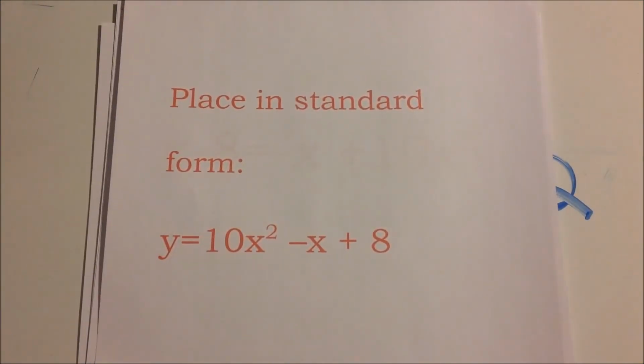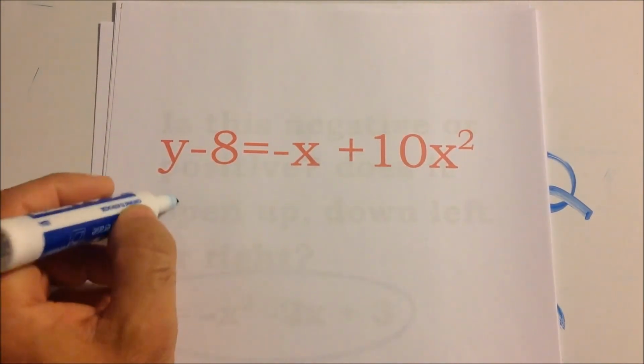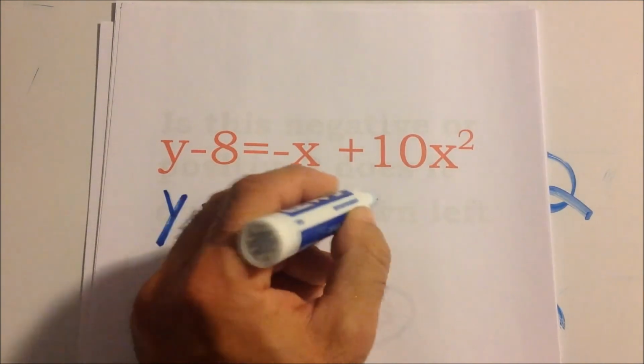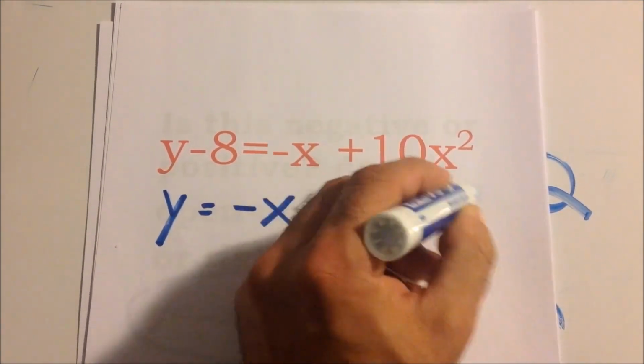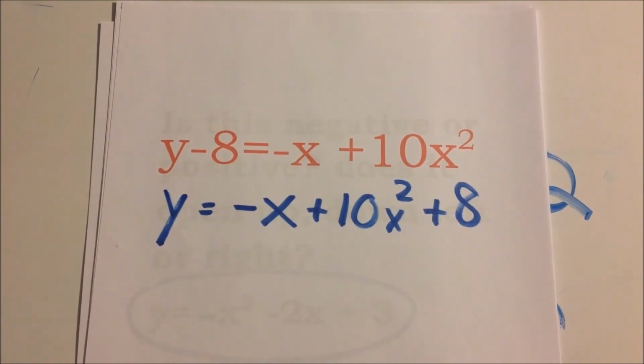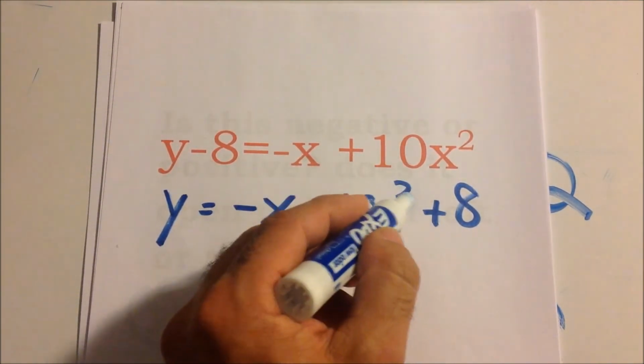Well, remember now, we need to put it in standard form. And remember, in standard form, it should look like this. So, we want that negative 8 out of there. First thing, we put y equals negative x plus 10x squared plus 8. Now we want it in standard form, where the highest exponent, which should be a 2, comes first.